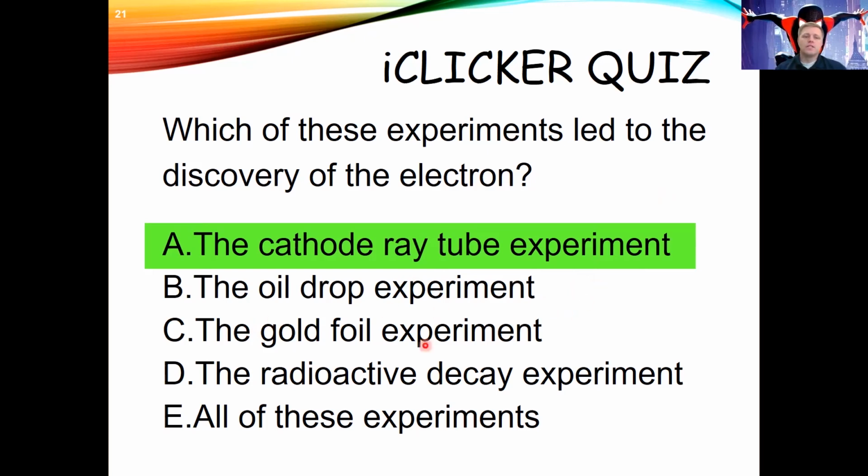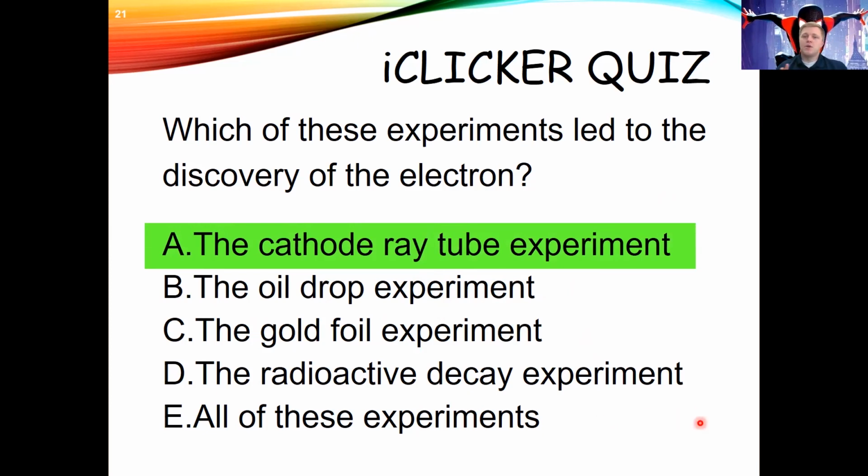Then the gold foil experiment told us that there was a dense positive center of our atoms called the nucleus. And then the radioactive decay experiment, well, that one just told us that matter can decay in both negative and positive ways, meaning that there had to be a positive component. But those are what those experiments tell us.